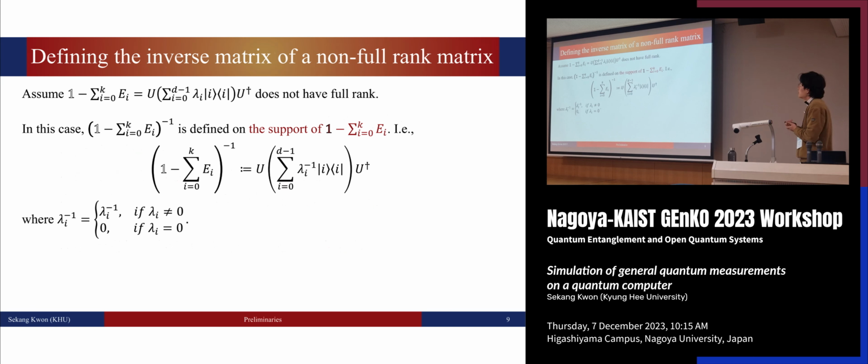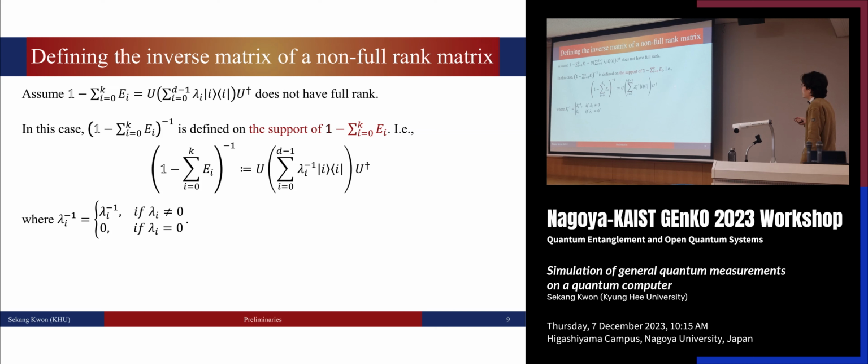In this slide, I explain how to resolve the issue. Let's assume that this matrix does not have full rank and has this form of spectral decomposition. In this case, the inverse matrix is defined on the support of itself.